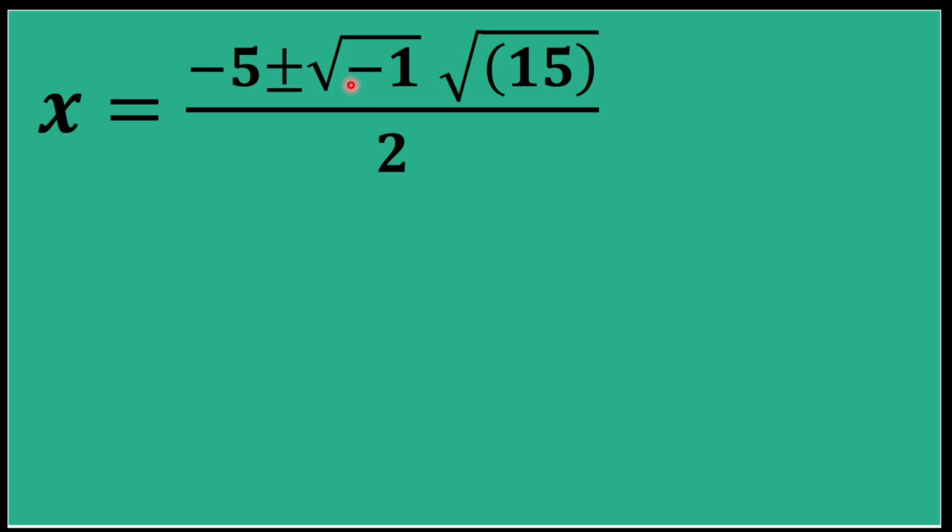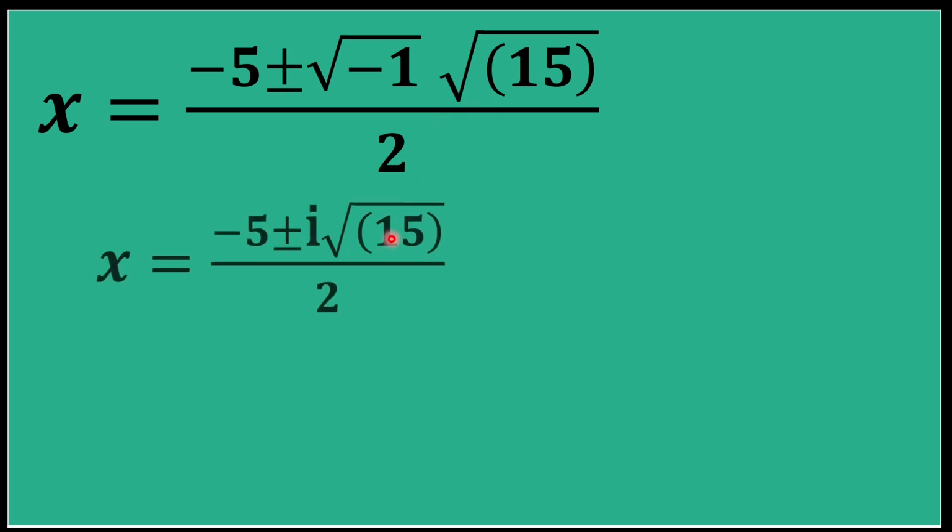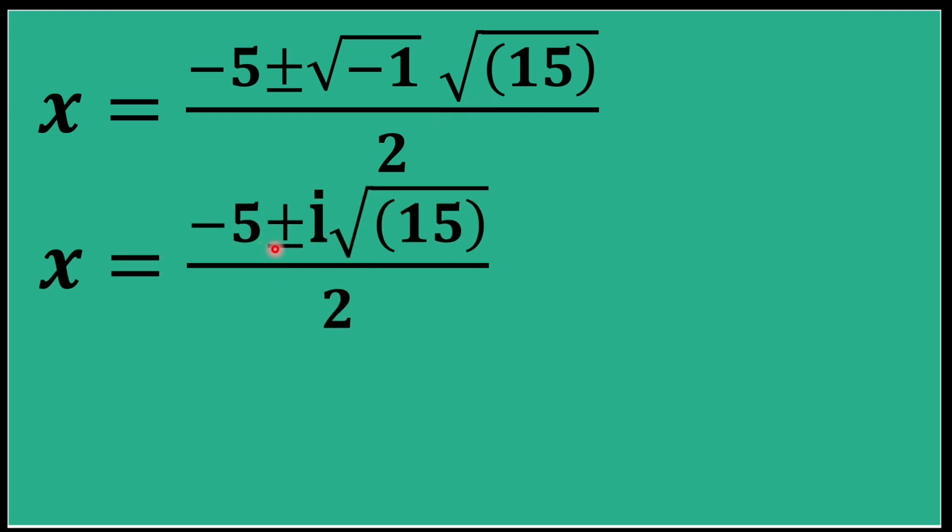So now we have written this minus 15 in this form, and now this will become minus 5 plus minus iota under root 15. Why? Because this square root minus 1 equal to iota. This under root minus 1 equal to iota. This is called iota.